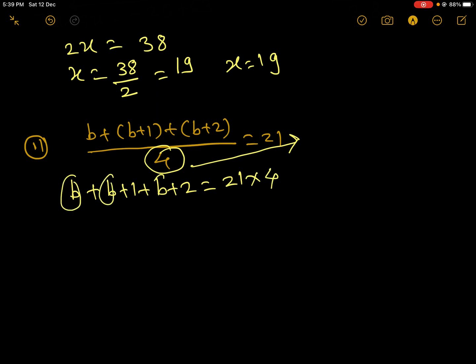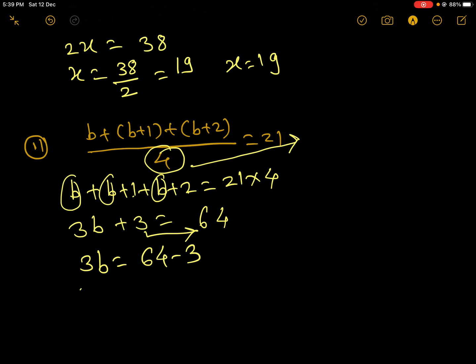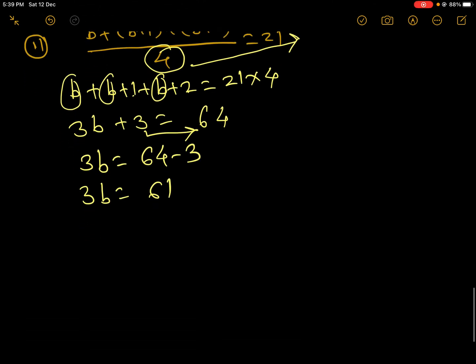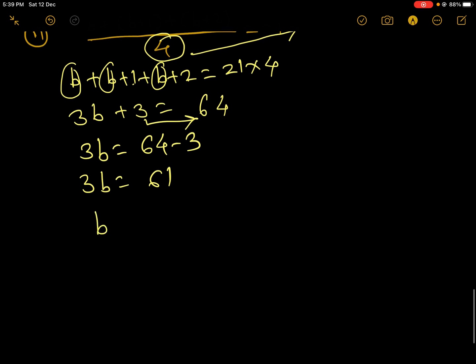Here b and b give 3b. 2 plus 1 gives 3, equal to 21 into 4. It is 84. Then 3b equal to 84 minus 3. Shifting this 3, 3b equal to 81. Then b equal to 81 upon 3. It is the value of b.